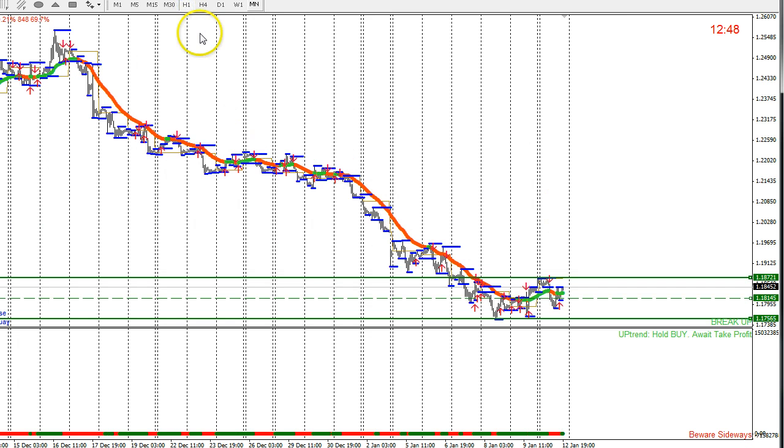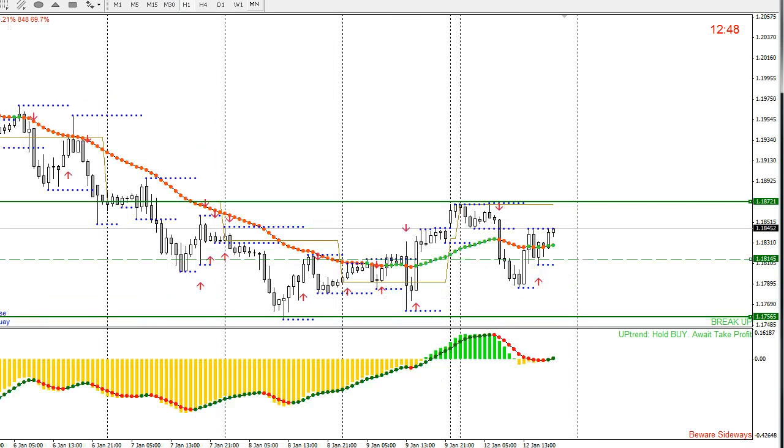If you're looking at the hourly chart, as we've talked a lot about, the TRENDRAGON trend line tells you very clearly where you should enter. First entry is right here, which is where the price is right now on the long side. Second entry would be here on the long side.